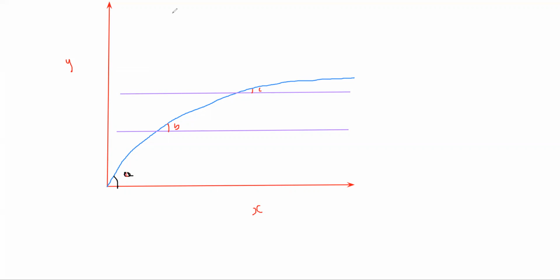If the angle is decreasing, it shows that the slope is decreasing.